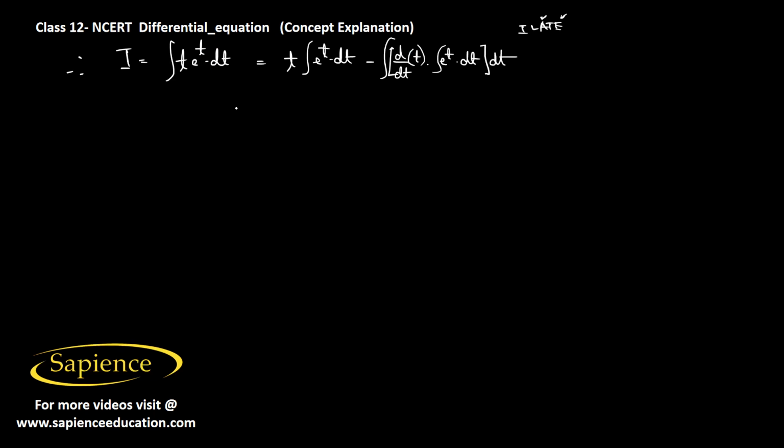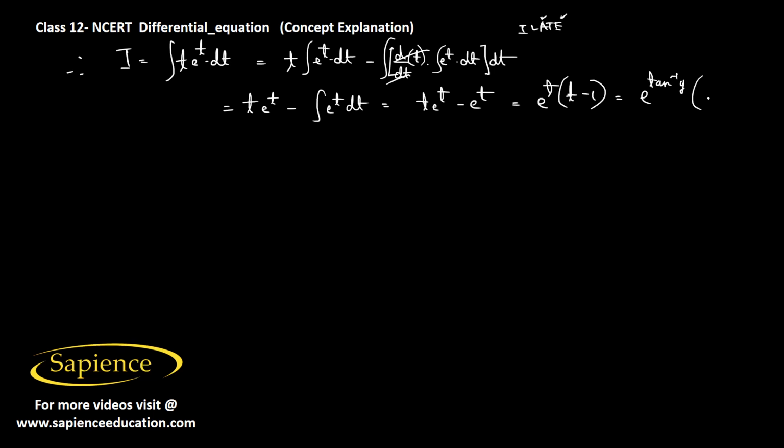So this would be t into e power t, minus dt by dt which cancels, and integral of e power t dt is e power t only. So this is t e power t minus e power t. The integral is nothing but e power t into (t minus 1), which we can write as e power tan inverse y into (tan inverse y minus 1).